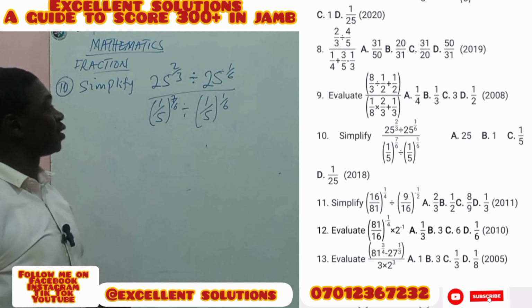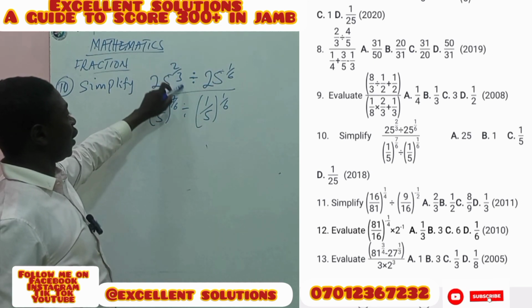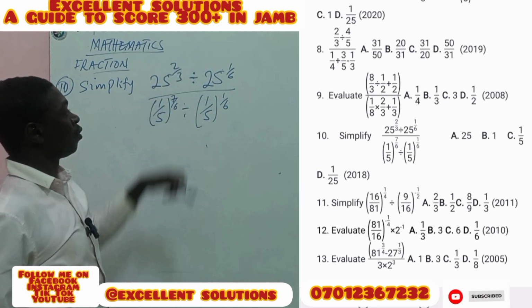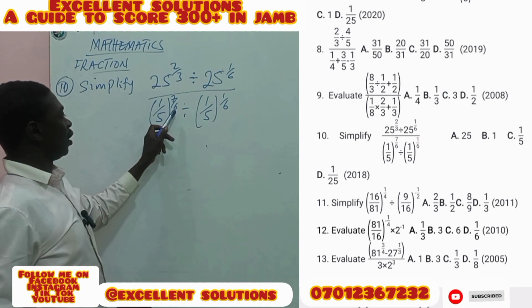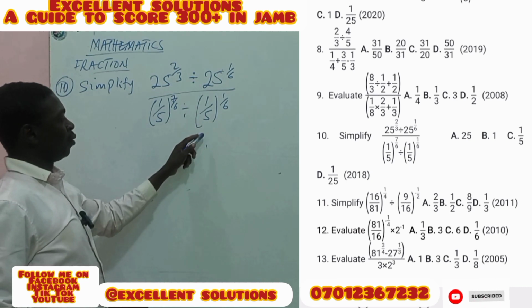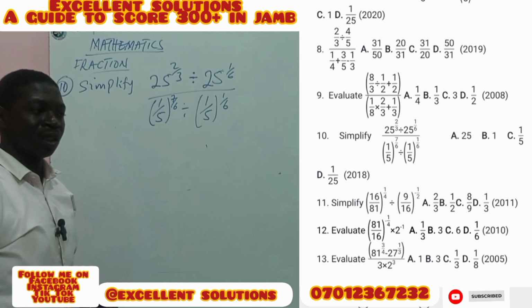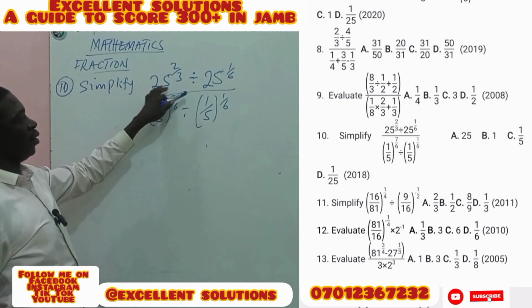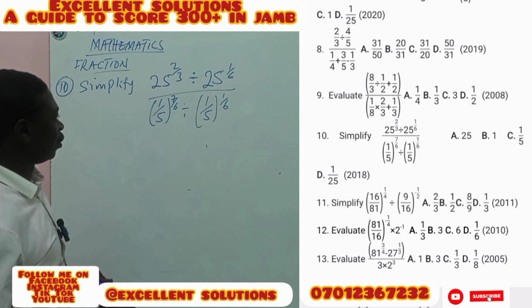And this question 10 says, simplify 25 raised to the power of 2 over 3 divided by 25 raised to the power of 1 over 6, over 1 over 5 raised to the power of 7 over 6 divided by 1 over 5 in bracket raised to the power of 1 over 6. So the first thing we need to do here, since these have the same bases, we use the division law of indices.